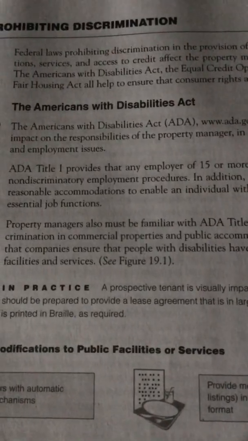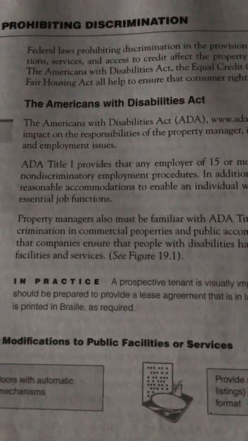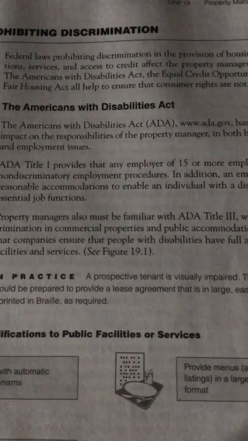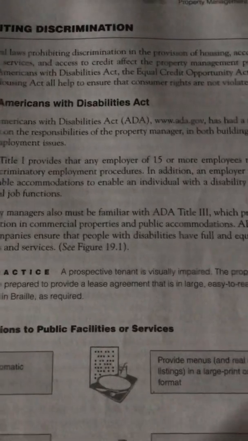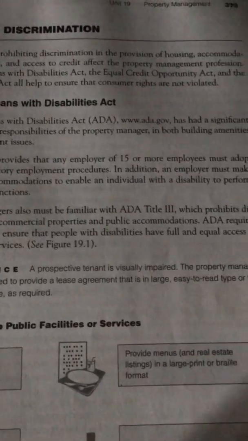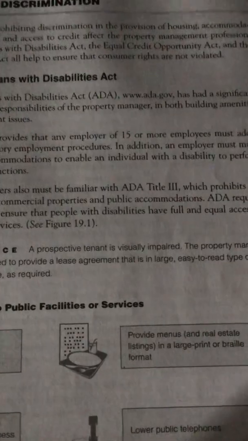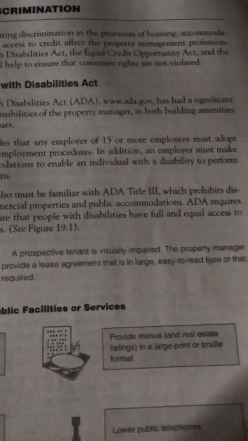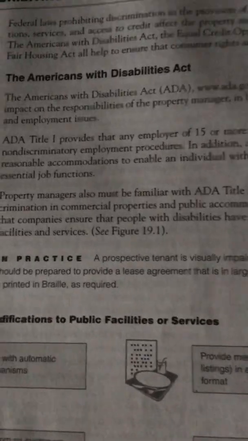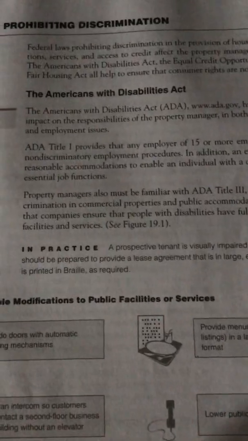The Americans with Disabilities Act. The Americans with Disabilities Act, ADA, www.ada.gov, has had a significant impact on the responsibilities of the property manager in both building amenities and employment issues.